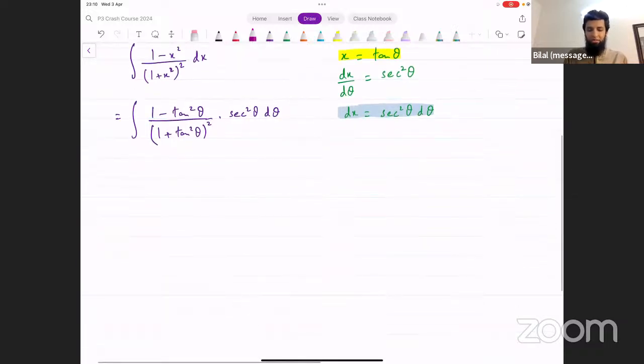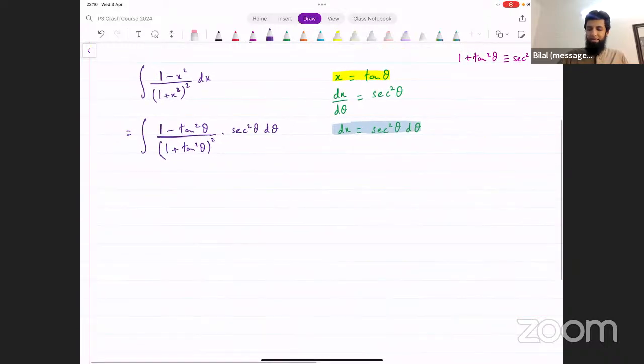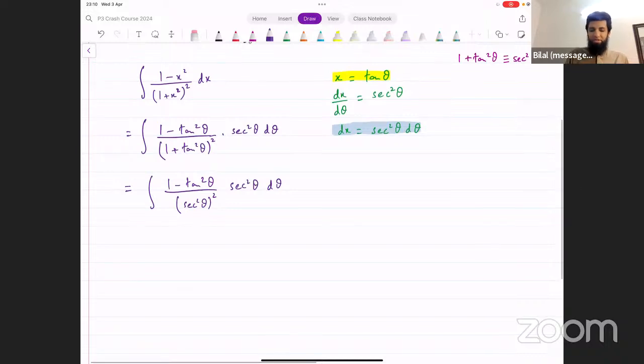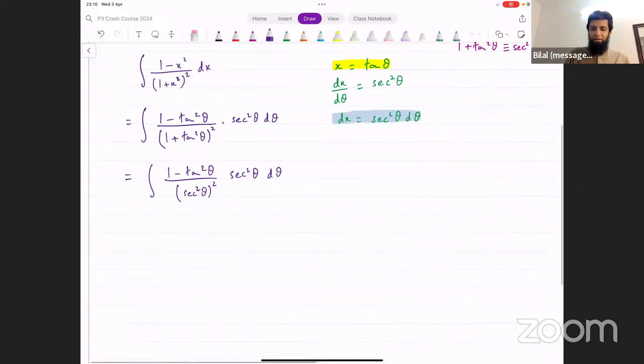If you notice in the denominator, you have 1 plus tan square theta. So using that identity, you could simplify this a bit and write it like this: 1 minus tan square theta divided by secant square theta whole squared, and we have secant square theta here as well, into d theta. Now secant square theta, and in the denominator we've got secant raised to the power 4 theta.